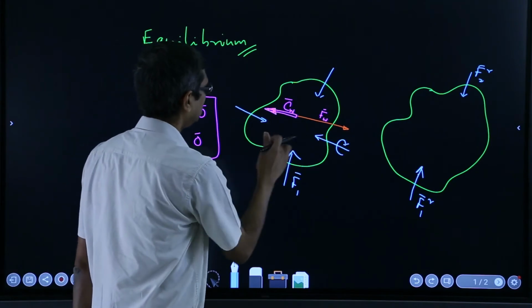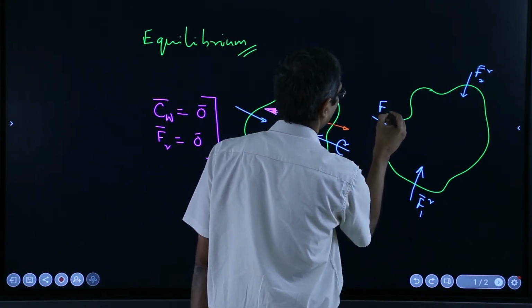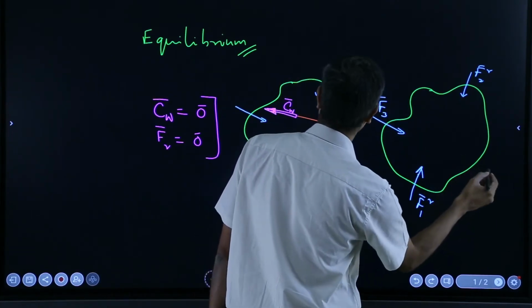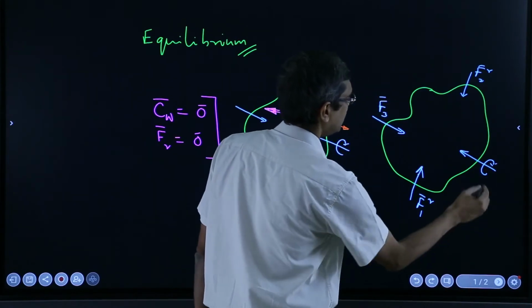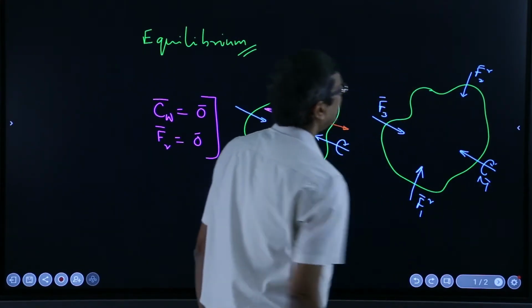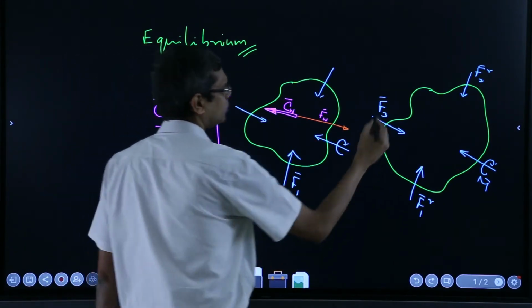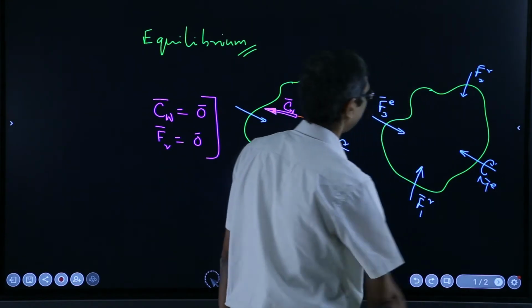But now these forces, perhaps F3 and maybe this one which I had shown, this M or whatever, now these were external. For external I'll put E as a subscript.